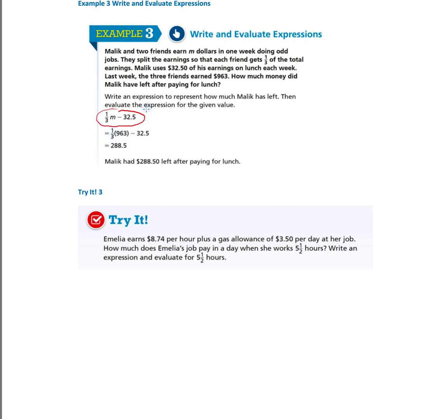I would like to actually see that in some work. 321 minus 32.50. And if you do that arithmetic, you get 288.5. And so then that is a dollars and cents sort of thing. So the final result is Malik had $288.50 left after paying for his lunch.